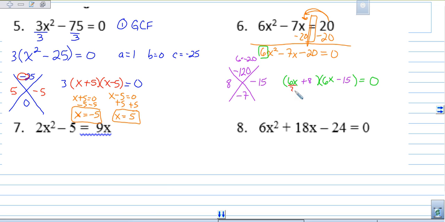Well, that's a 2. So you get 3x, and then that's plus 4. And then what goes into 6 and goes into 15? Well, that's 3. So you're going to divide by 3, divide by 3. And so then you get 2x and negative 5 equals 0.